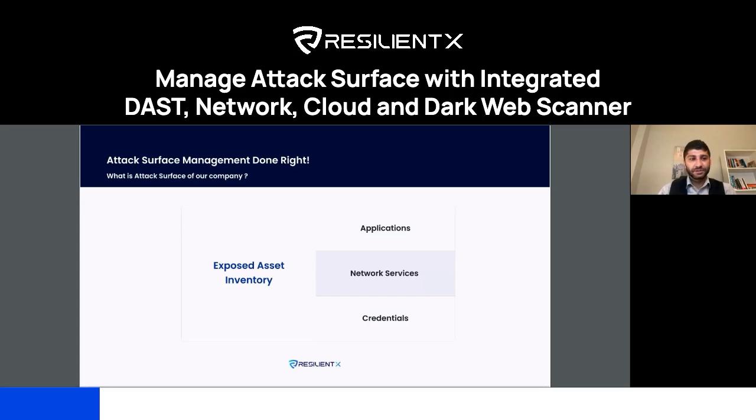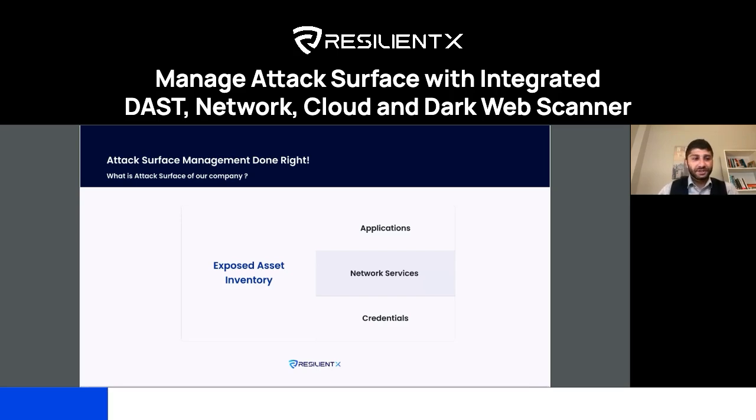With applications, I mean our traditional web applications, our SaaS, any microservices we have exposed on the internet, anything related to a working application on the internet, or even in our internal infrastructure that might eventually get exposed.